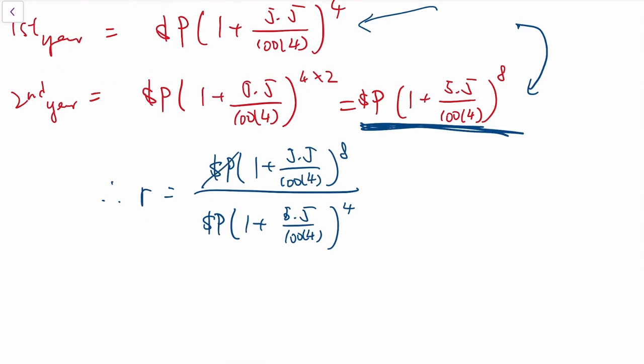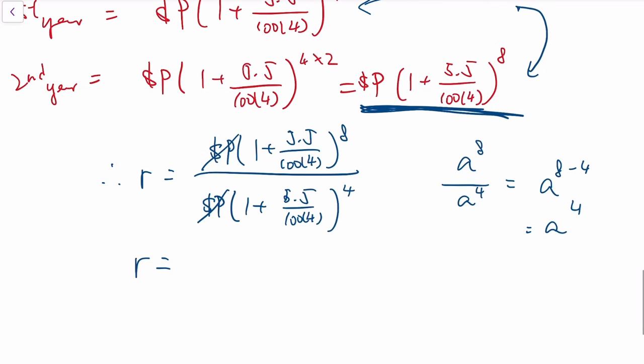Then you can see the P cancel out. And then you have the same thing raised to the power of 8 over the same thing raised to the power of 4. By law of indices, we just subtract the powers. So that's the power of 4, so it is this. So this is the common ratio. If you press the calculator, you will get a value of 1.056.